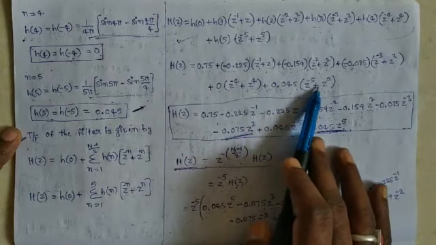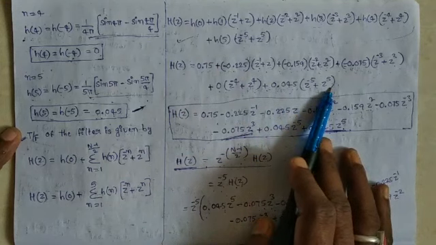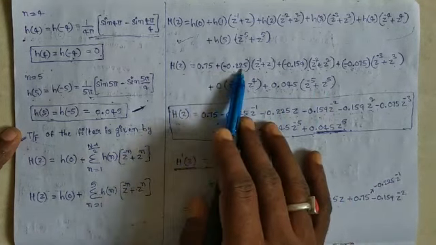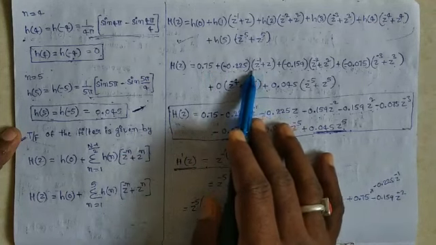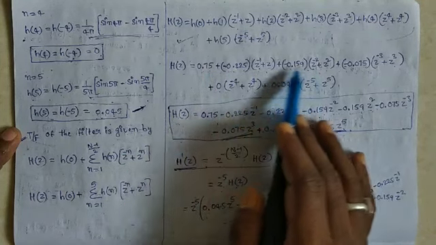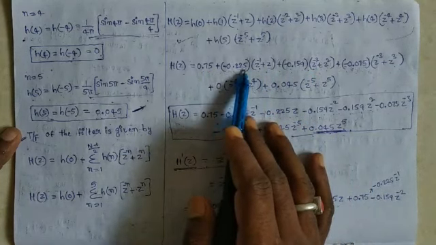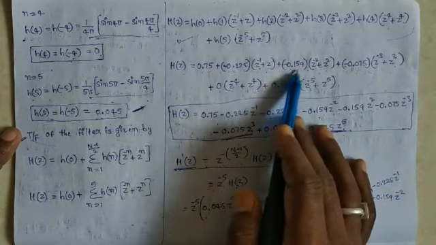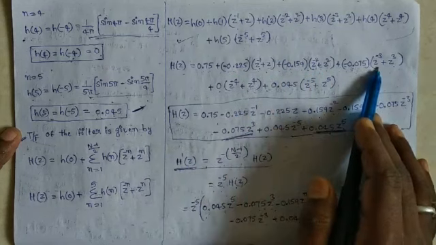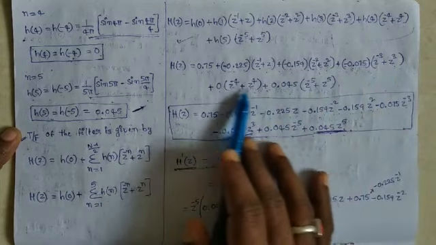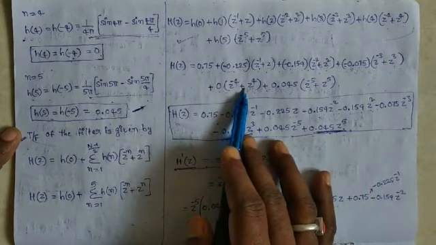0.045 into z power minus 5 plus z power 5 it is. Here we are multiplying these terms, this term with minus 0.225, this term with minus 0.159, this term with minus 0.075. Here 0 into this one is 0.